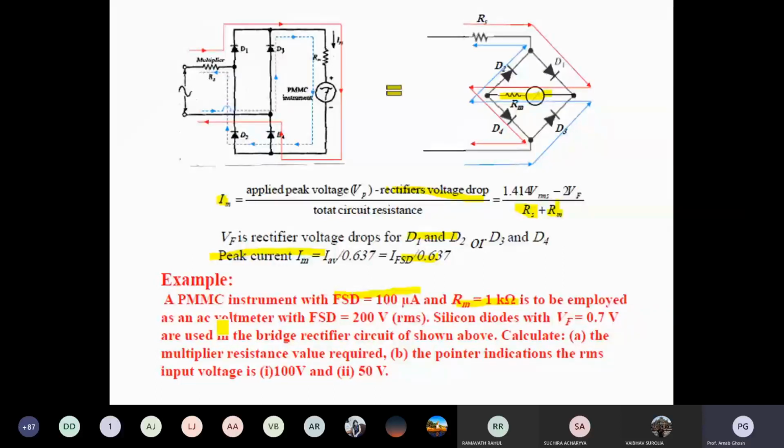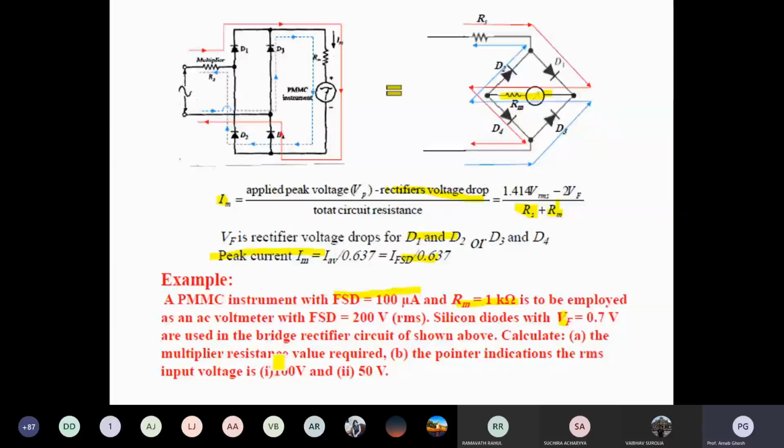In the case of germanium, it is 0.3 volt. They are used in the bridge rectifier circuit shown above. Calculate the multiplier resistance value required, and the pointer indications for RMS input voltage of 100 volt in the first case and 50 volt in the second case.